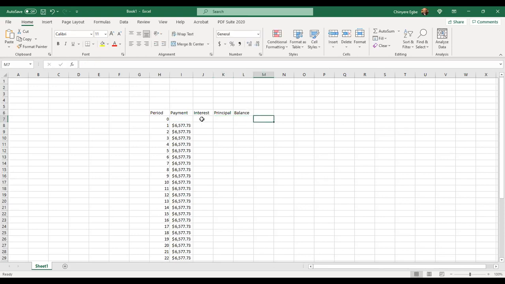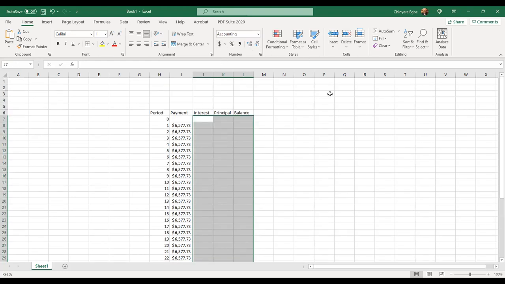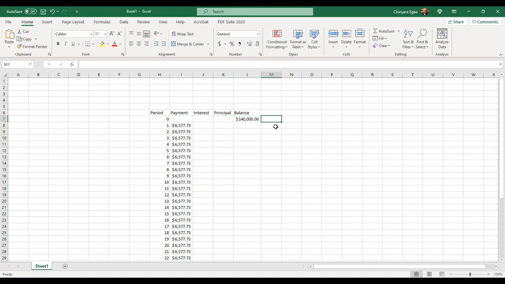So you start from a full balance, down from a full balance. Your balance at the beginning is 140,000. That is your beginning balance.